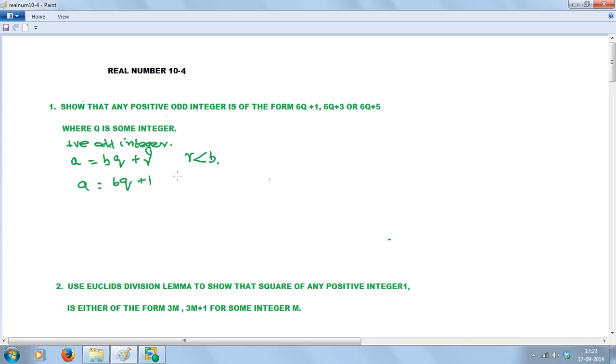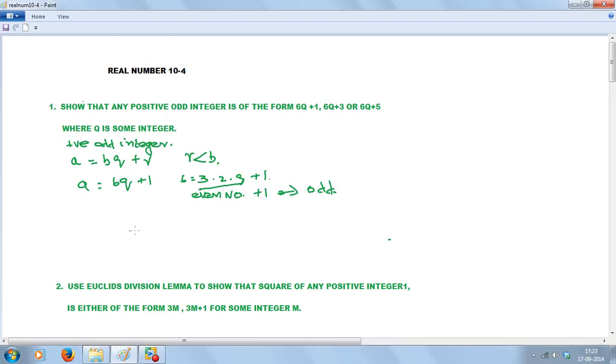Here 6 we can write as 3 multiplied by 2, so 6q is an even number. When you add 1, it becomes an odd number. So even plus 1 becomes an odd number.